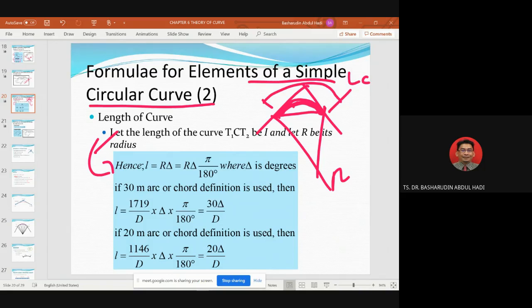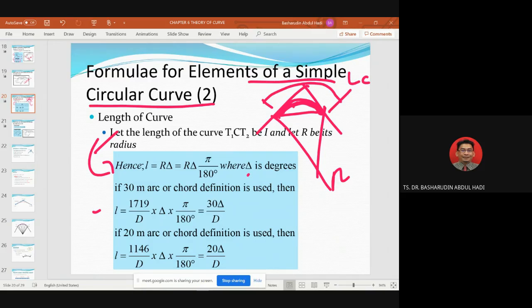Then L equals R theta, equals R theta times pi divided by 180 degrees, where the deflection is used if 30 meter arc or chord definition is used.